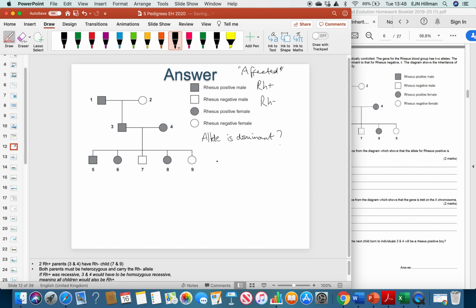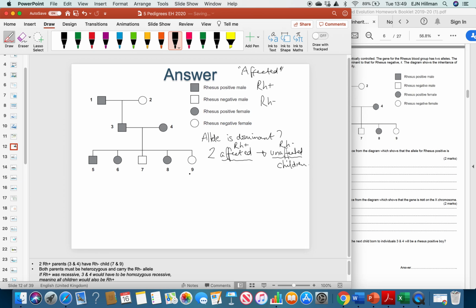we need to look for a situation where there are two, what I'm going to refer to as affected, or in this case, two rhesus positive parents, and they produce an unaffected, and again, unaffected is not great, but in general terms, unaffected or rhesus negative children or offspring.